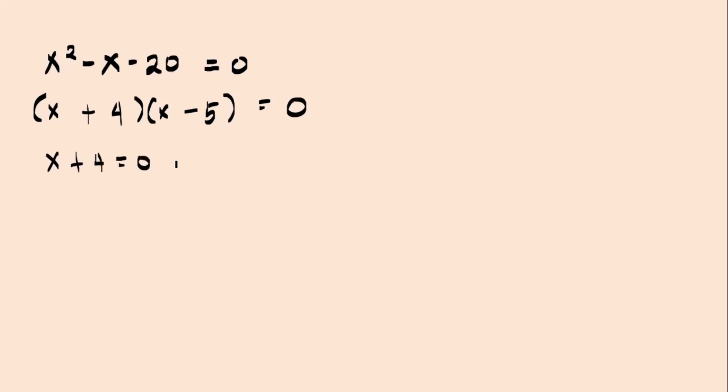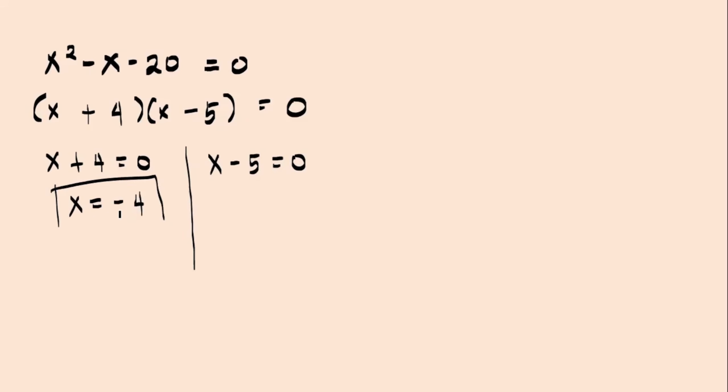So x plus 4 is equal to 0. Then next, x minus 5 is equal to 0. Okay. X lang yung kailangan. So, from this equation, x plus 4 is equal to 0. Tanggalin itong positive 4, ilipat sa kabila. From positive, it will become negative 4.